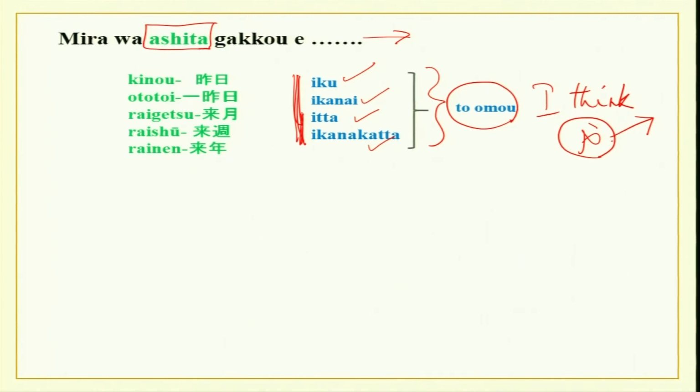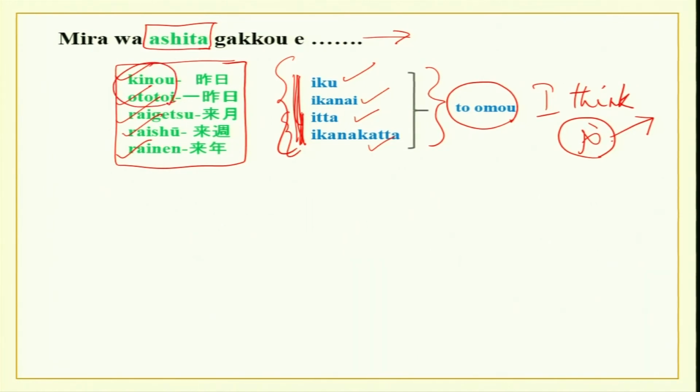Okay, so now what you can see from here is that with omoimasu you will use plain form and you can also change this time expression to kino, ototoi, raigetsu, raishu, rainen, and as I just now told you, with past tense kino and ototoi will be used, or sengetsu, senshu, as they are past time expressions.